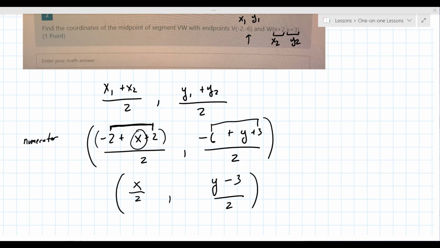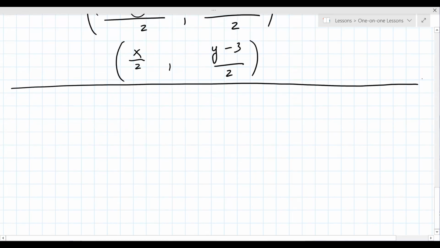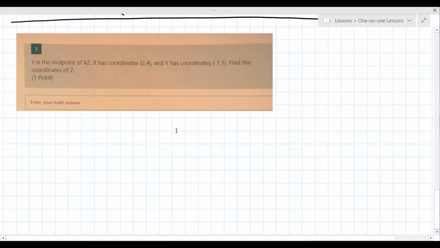Number 3 says y is the midpoint of xz. Okay. All right, y is the midpoint of xz. X has coordinates 2 comma 4, y has coordinates -1 comma 1.